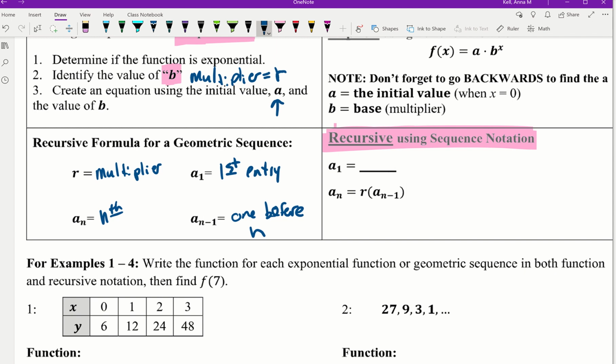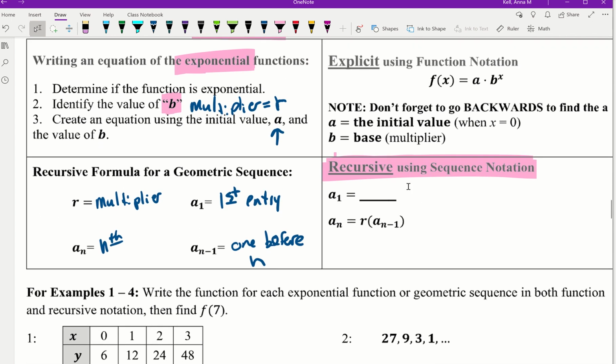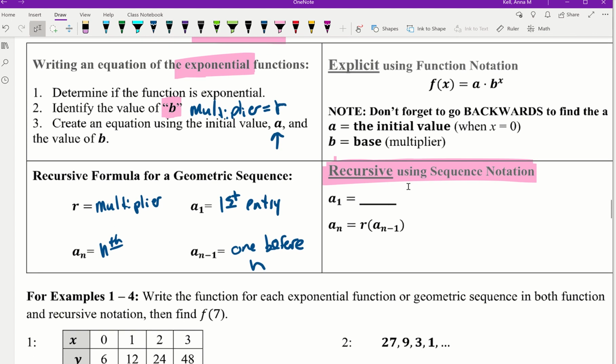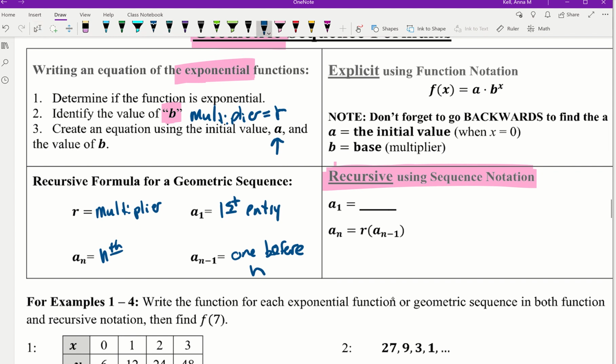When we are plugging this into the actual formula we're looking for, we are going to plug in a specific A1, this is the first value, and then we are going to plug in a specific multiplier.